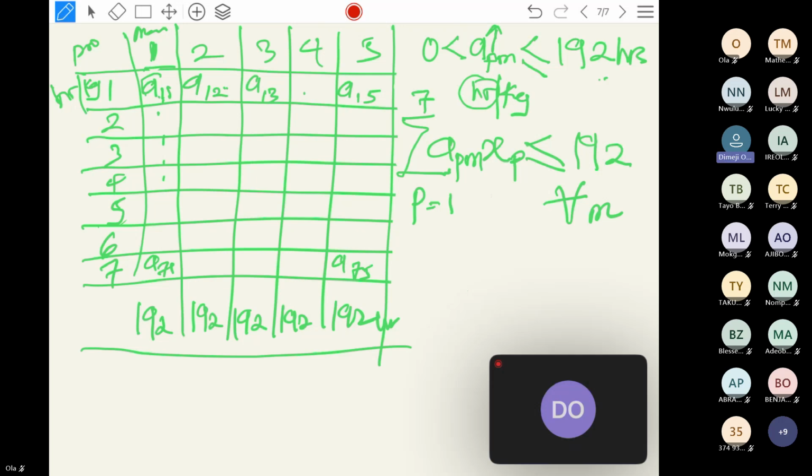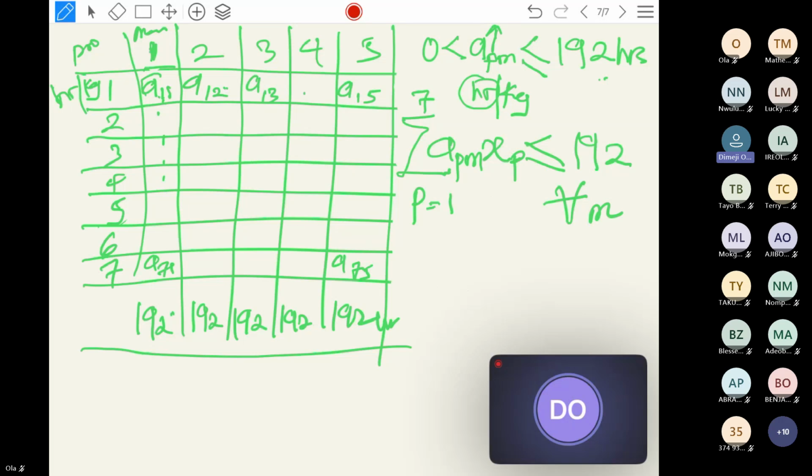Is that clear? Okay, let me break it down so that we can understand better. Now I have 192 hours here. I am to ensure that I'm using this machine 1 and I must not exceed 192 hours.